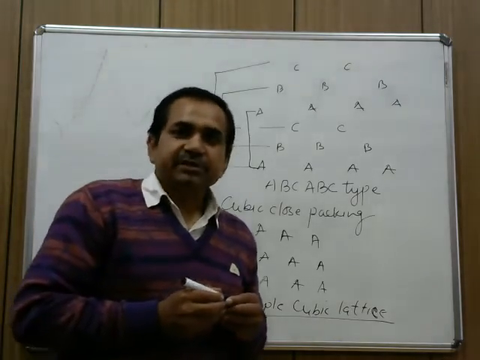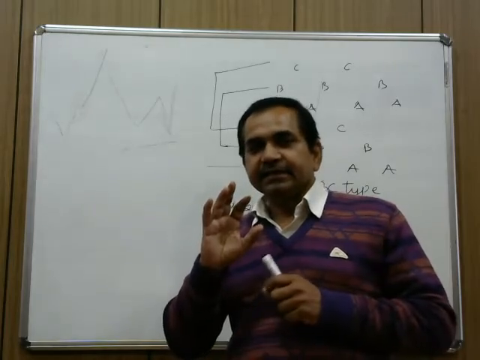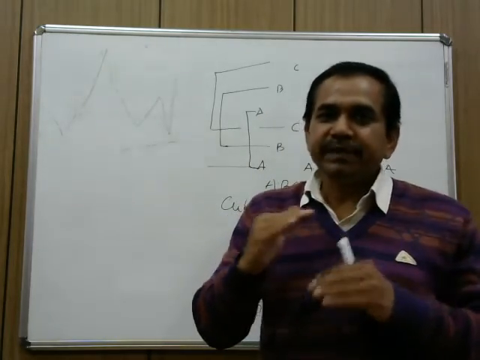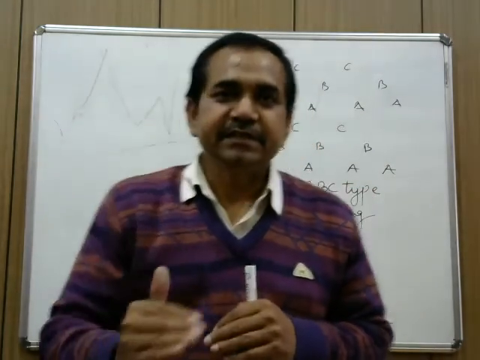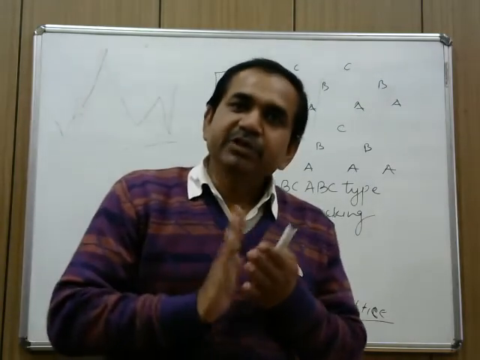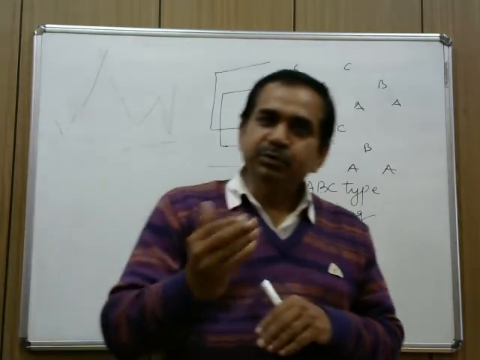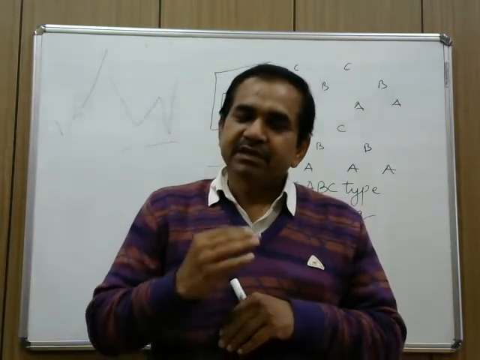So I am quite sure that this discussion has made clear how close packing of spheres is done. Simple cubic lattice is a comparatively less efficient way of packing. 52% efficiency is there.